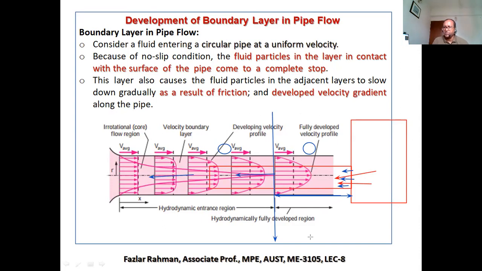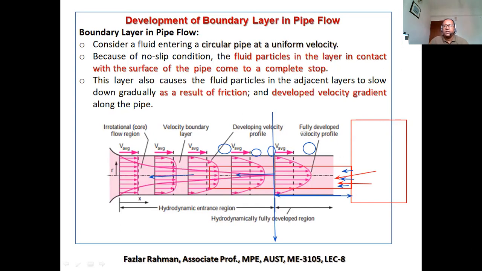Fully developed velocity does not happen here. So you need to install beyond this point. You can install right over here, better a little bit to the left side. Right over here, you are installing a densitometer or orifice meter in a fully developed velocity region, then your reading will be okay.